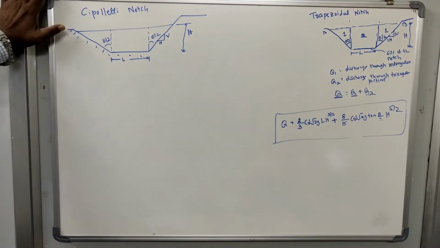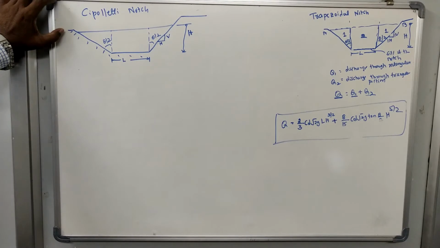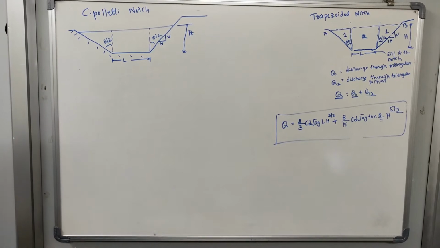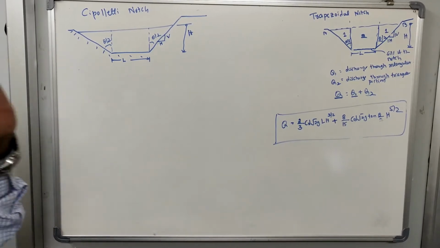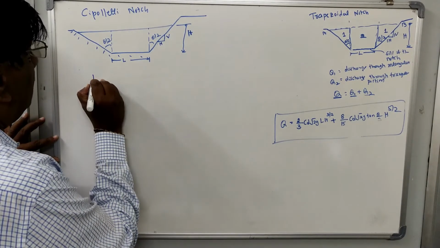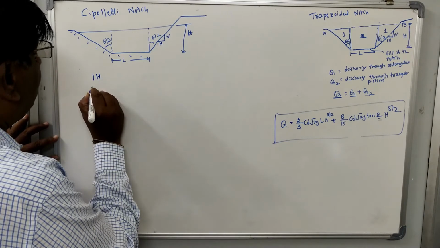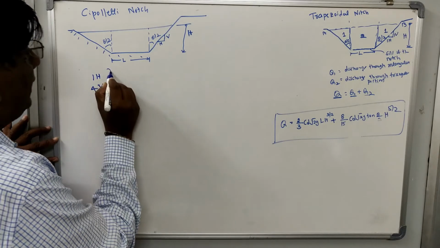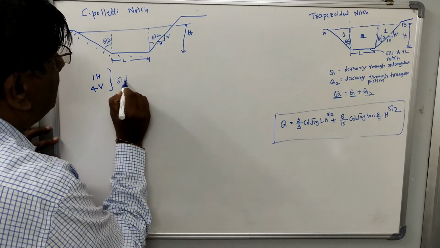Then why, instead of calling this a trapezoidal notch, are we calling it a Cipolletti notch? The only difference is if the side slopes are kept at one horizontal to four vertical. These are the side slopes.